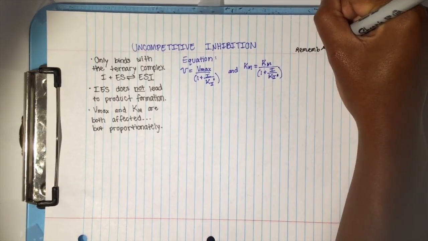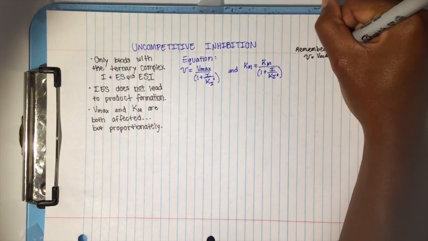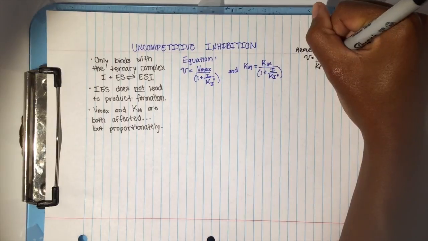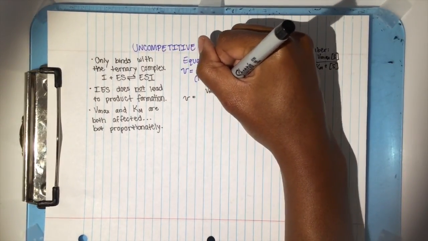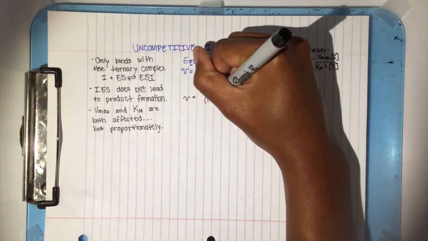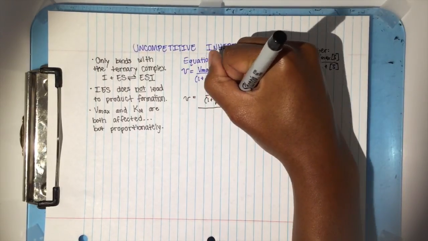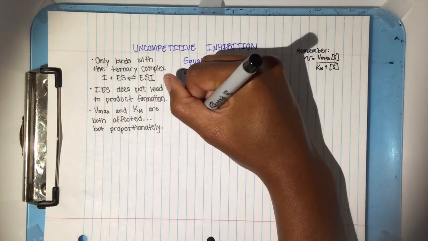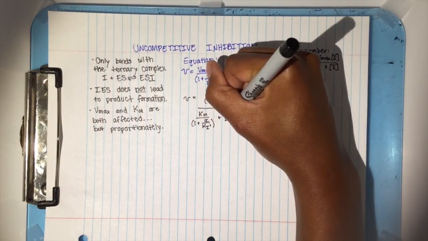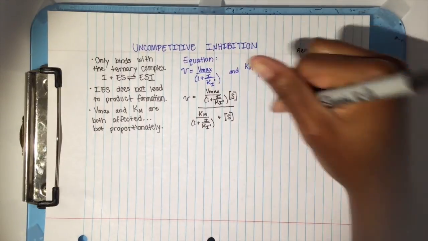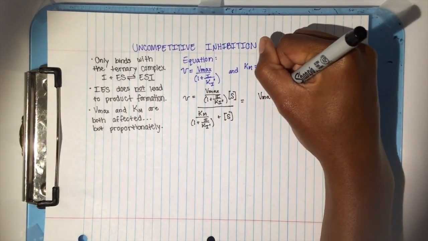Also, don't forget our buddy, the original Michaelis-Menten equation. Okay, and now we can write the new form of the equation with Vmax changed by its factor of 1 plus I over Ki prime, as well as Km changed by 1 plus I over Ki prime. And then don't forget your substrates.